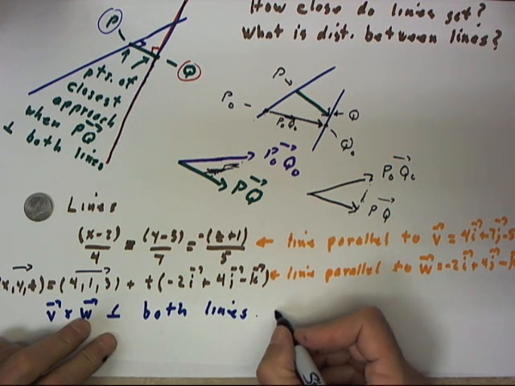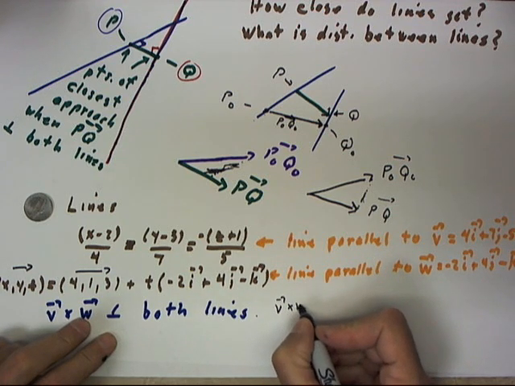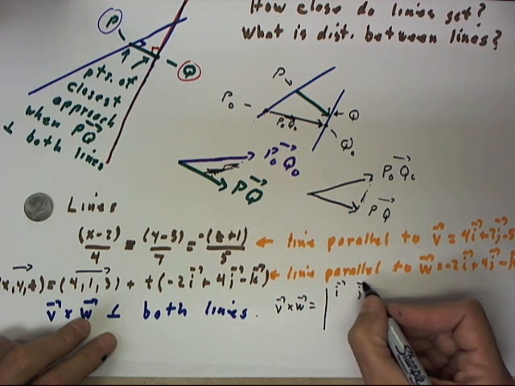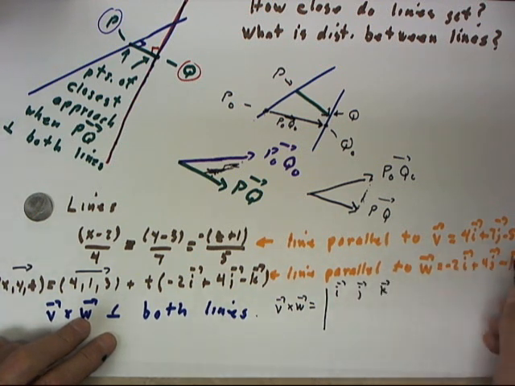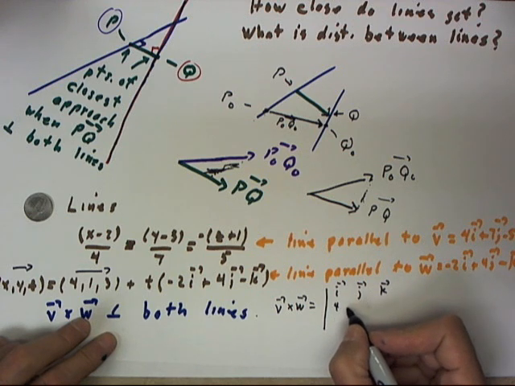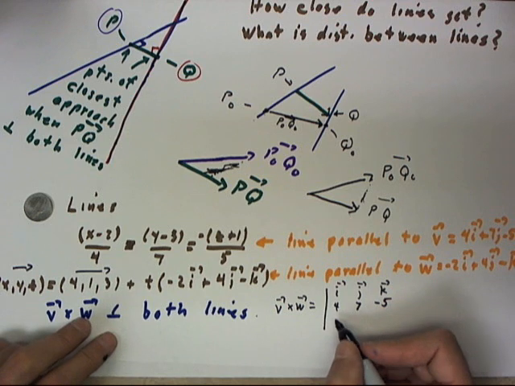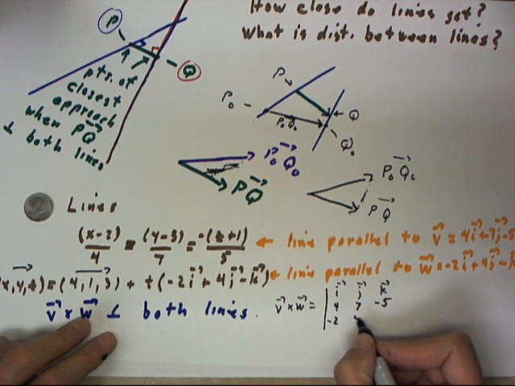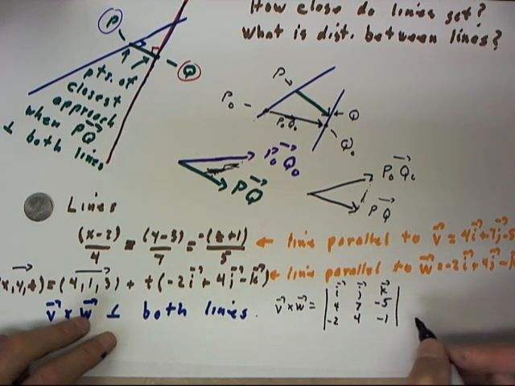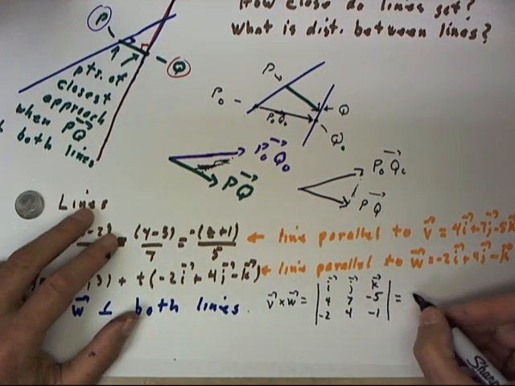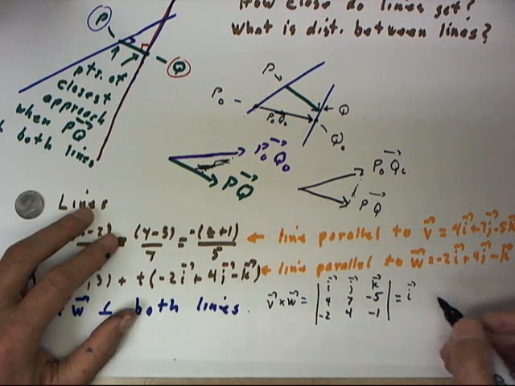We can do the determinant i, j, k, with the components of the vector v and the components of the vector w. I'm going to do this rather quickly and probably make a mistake, but let's see if we can do this right.